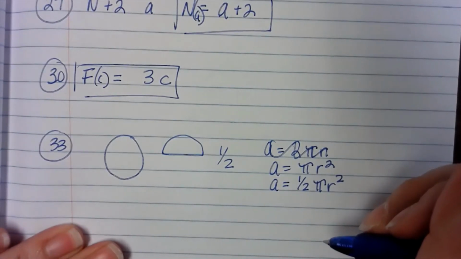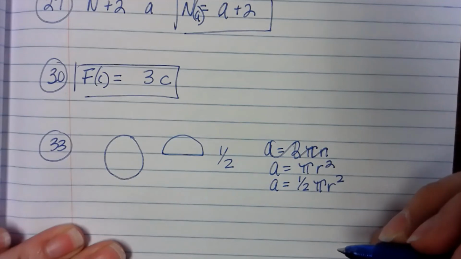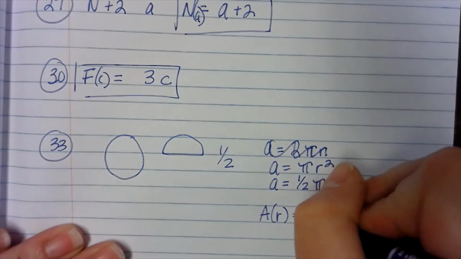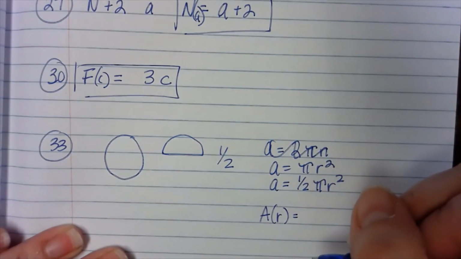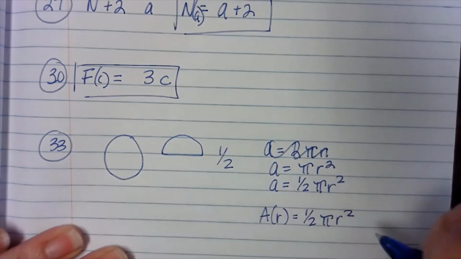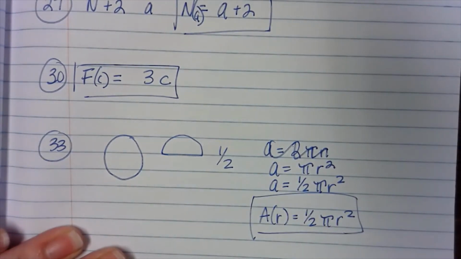So if I'm looking for radius r, I'm going to take area of r, and that will be equal to 1/2 pi r squared. That's how I would solve it. All right, that was 33.